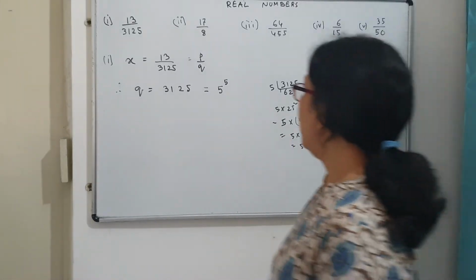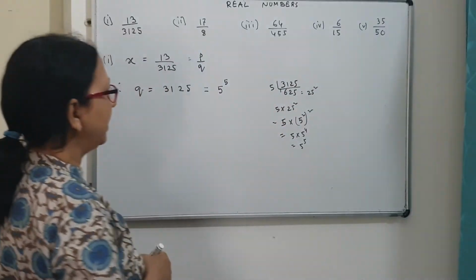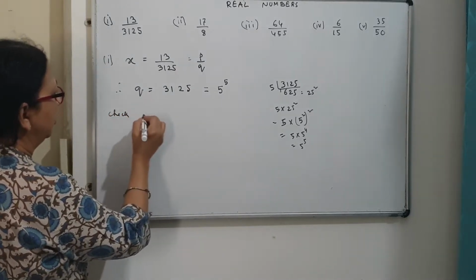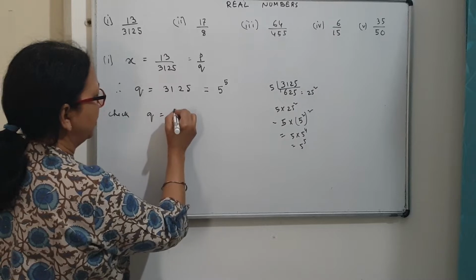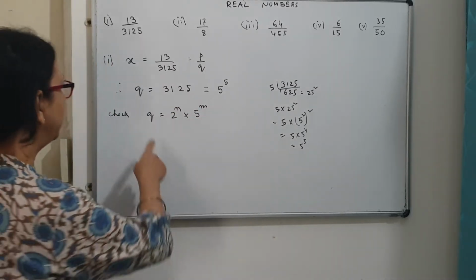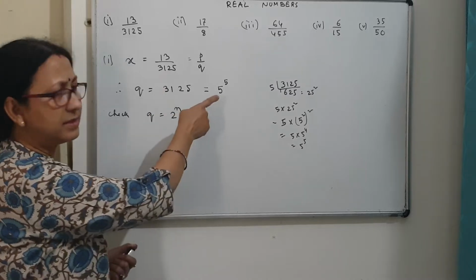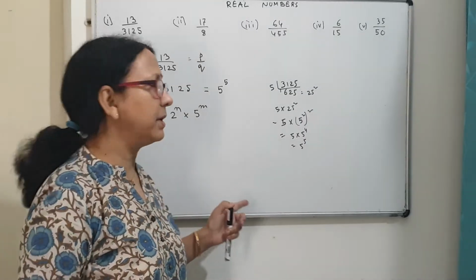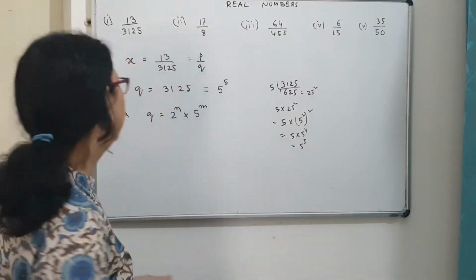So now, what is the theorem? We have to check whether q is of the form 2 to the power n into 5 to the power m. That I have to check. If it is of this form, then I can say yes, it has a terminating decimal. Otherwise we say it doesn't have a terminating decimal, but it is non-terminating but repeating.